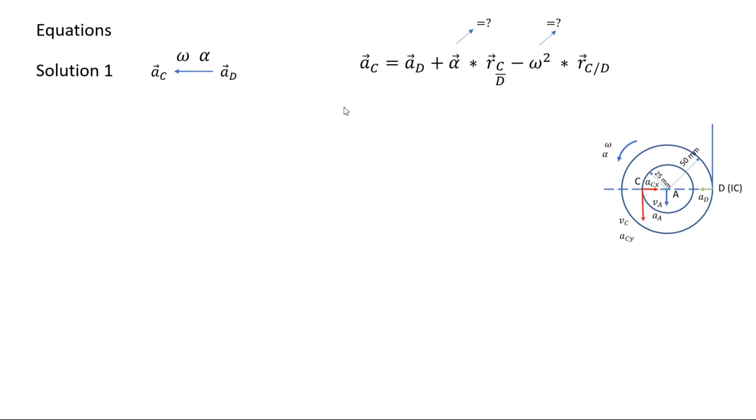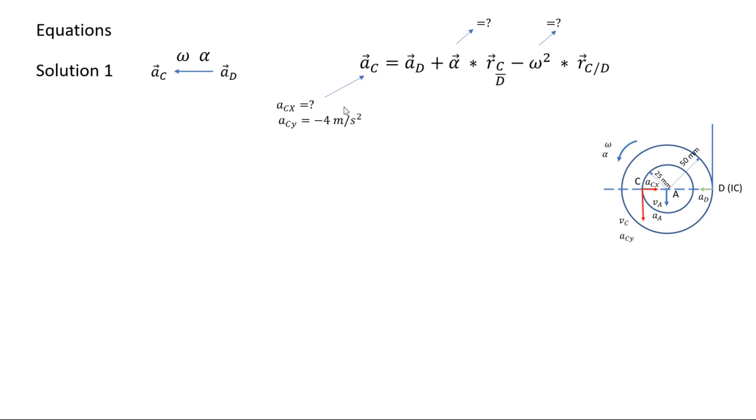So the equation is as follows. AC relative to AD: AC equals AD, both as vectors, plus alpha multiplied by RCD, the vector between C and D, minus omega squared multiplied by RC to D. Remember that omega and alpha are unknown, but we can know AC: the x direction is unknown and the y direction is equal to -4.